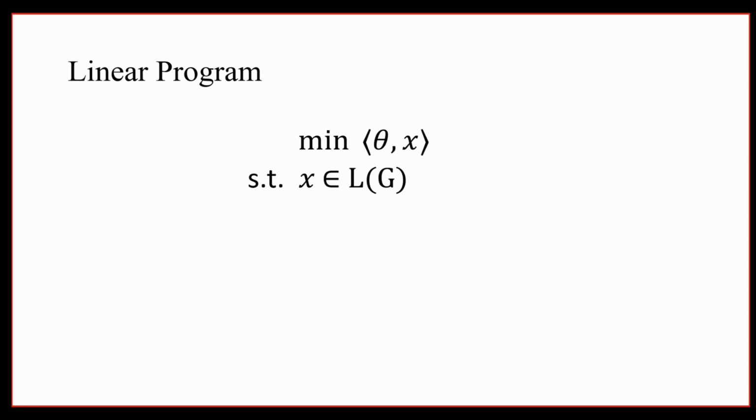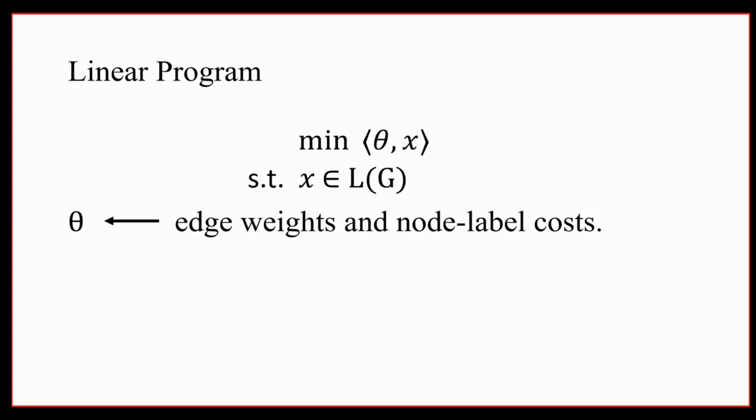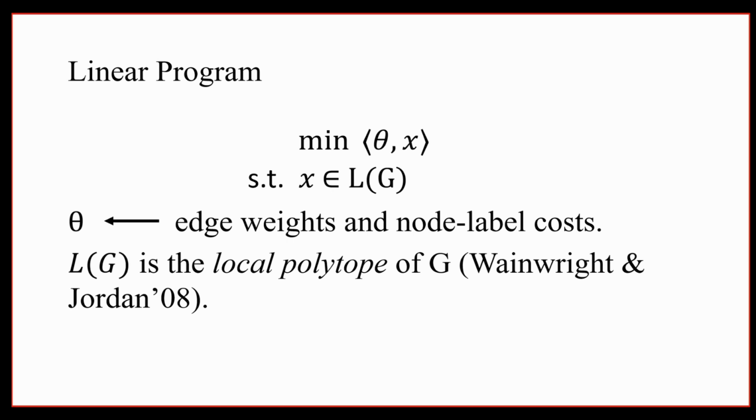And this x is just one big stacked vector for everything from the earlier part, with the constraint that x belongs to some L_G, which is a polytope. Theta is the edge weights and node label costs. And this L_G is called the local polytope of G. This is also very well studied for other problems.